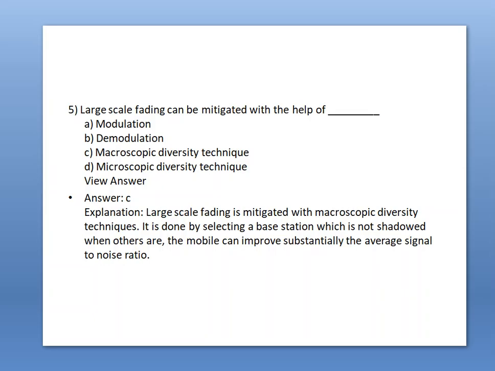It is done by selecting a base station which is not shadowed when the others are. The mobile improves substantially the average signal to noise ratio. So that's why large scale fading can be mitigated with the help of macro scale, and small scale with the help of micro scale.